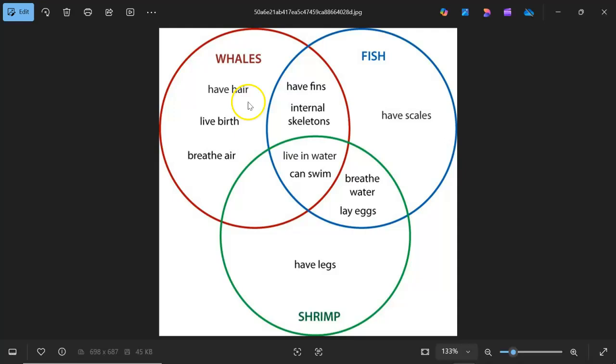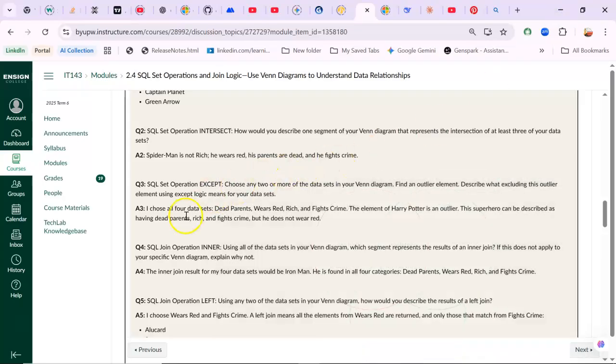And so for our animals, things like internal skeleton, that is what they all have. So that is just about it with question 4.